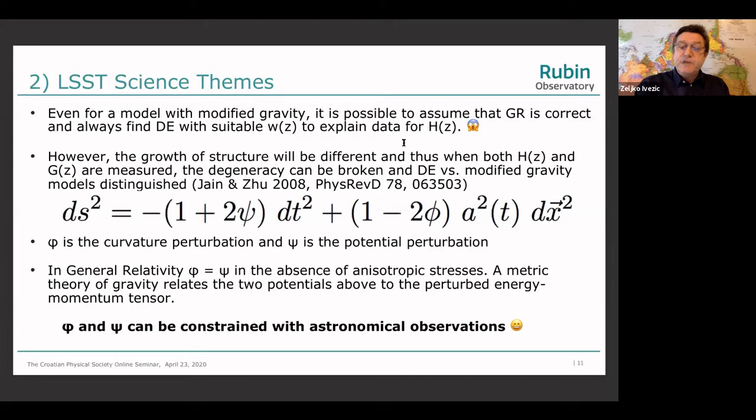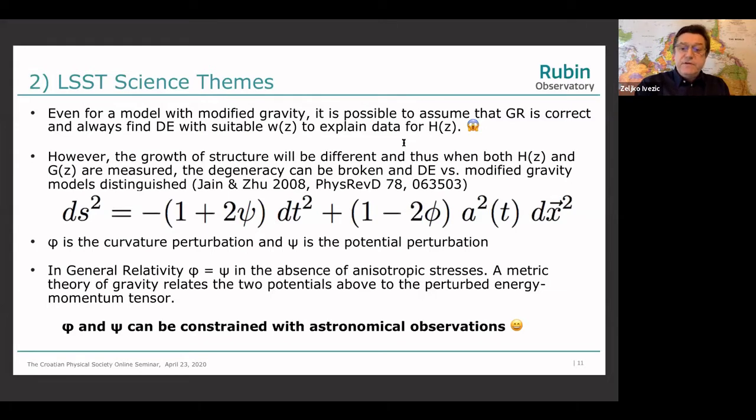So measuring just the Hubble constant as a function of redshift cannot tell you whether GR is correct and there is dark energy, or that GR is perhaps wrong and you can get away without dark energy. You also need to measure the growth of structure. And if you have precise measurements of the growth of structure, then you can break the degeneracy.